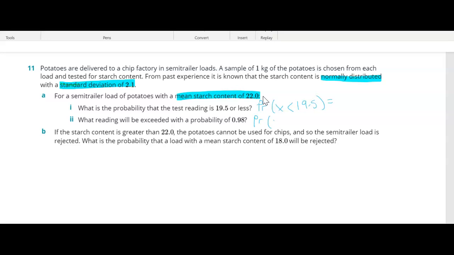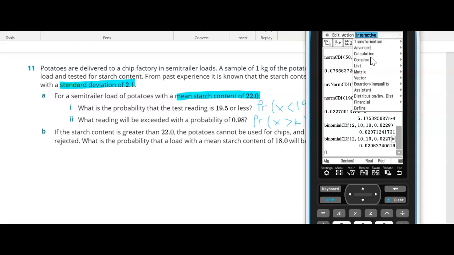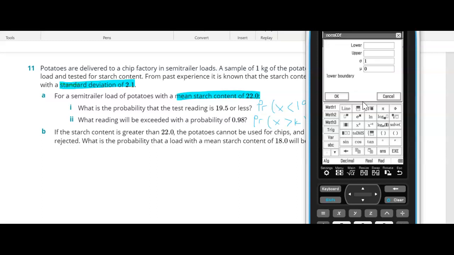Okay, so we want x to be greater than k, that's to be 0.98. So let's do both of them on the calculator. Okay, so for the first one, we want x is less than 19.5.